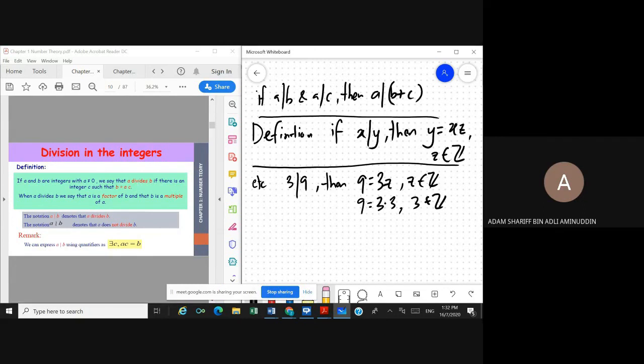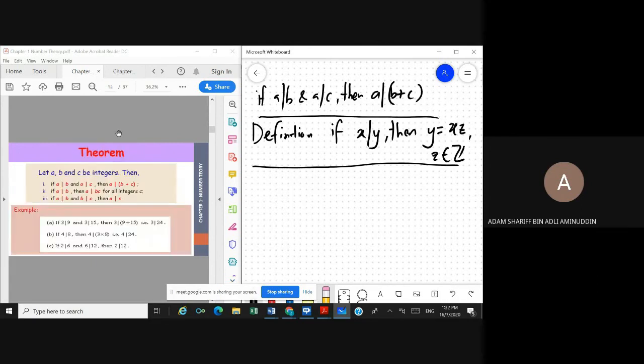That's why 3 is also a factor of 15, and 3 is also a factor of 24. You can prove it on your own. It's very simple. Right now, we will use this definition to prove the top theorem. We start with the first indication here.